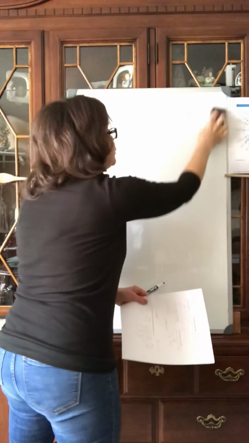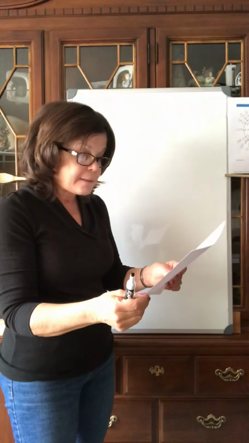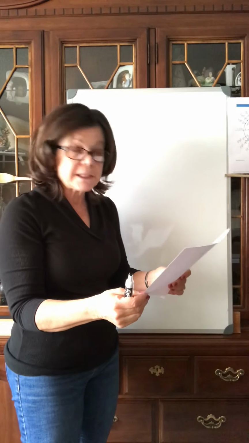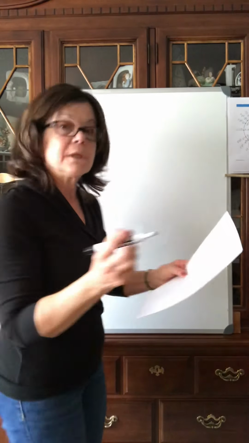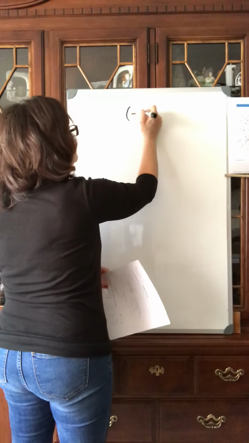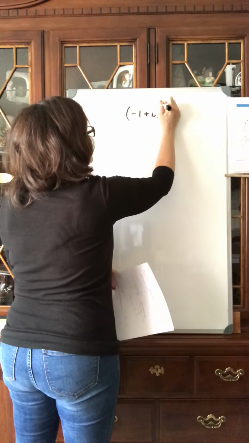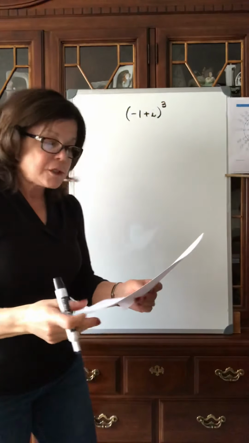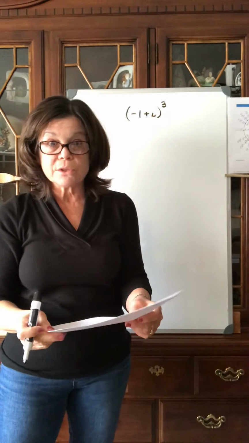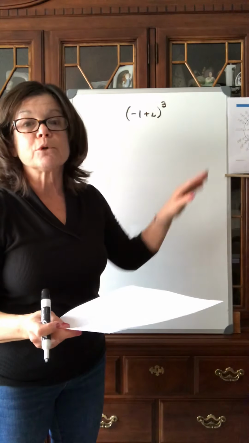For example number 3, the directions say use the trig form of a complex number to evaluate -1 plus i cubed. So we have -1 plus i cubed. And because the directions say to use trig form to do this, first we have to take this a plus bi complex number and put it into trig form.